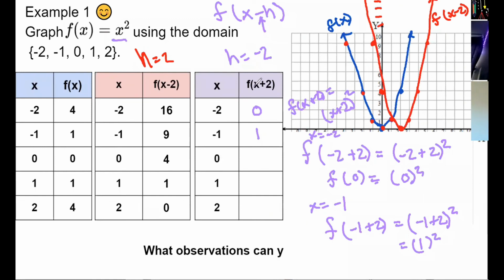So f of x plus 2, when x equals 0, that is true, that is 4. And the next value, when x equals 1, and we have f of x plus 2, that would be 9. And the last one would be 16, of course. So it kind of flipped the other way, like inverses.